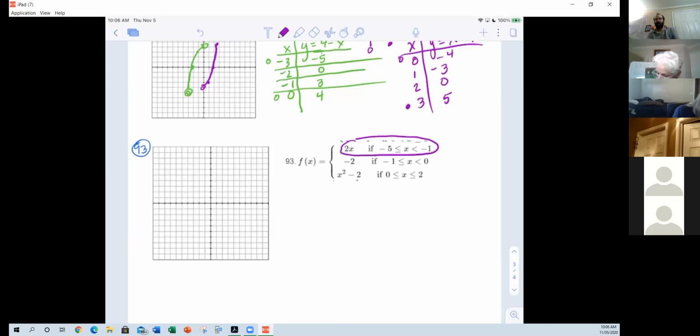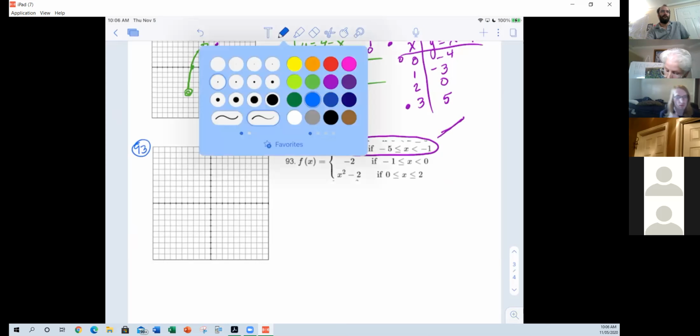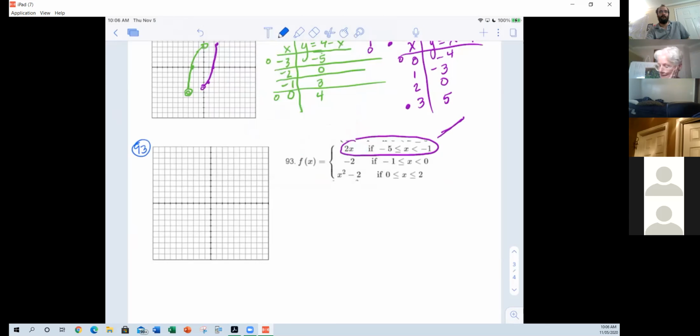Okay, so in my brain, I know this piece is going to be a line going upward. What about if f of x, y equals -2? What is that going to look like? It's a horizontal line that intercepts the y-axis at -2.